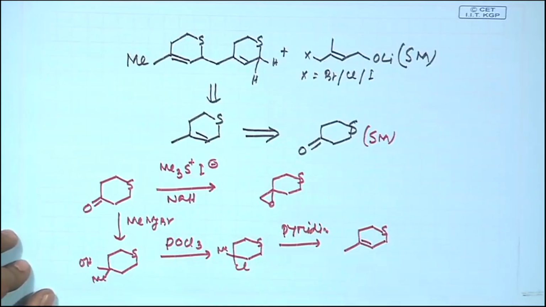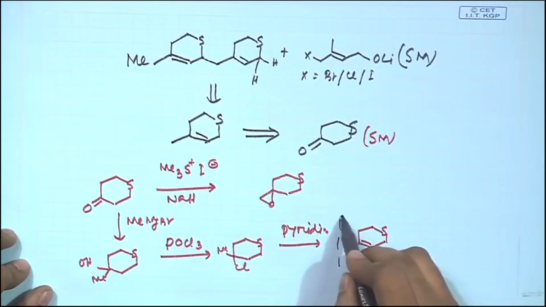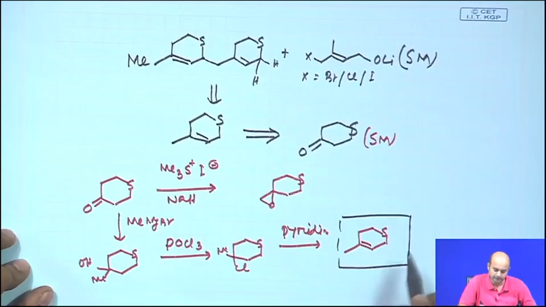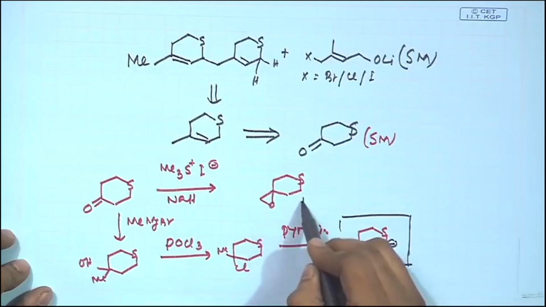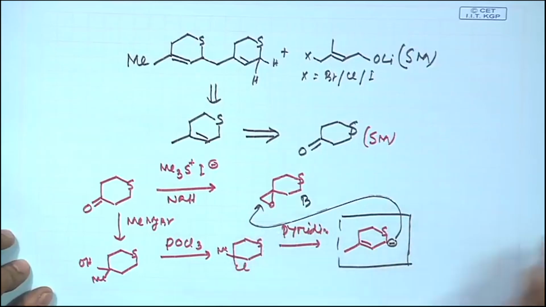Now, this allylic sulphide is a very interesting precursor. If you subject this allylic sulphide to base, it will generate this anion. Now, this anion will try to react with this epoxide in a sterically less hindered way.